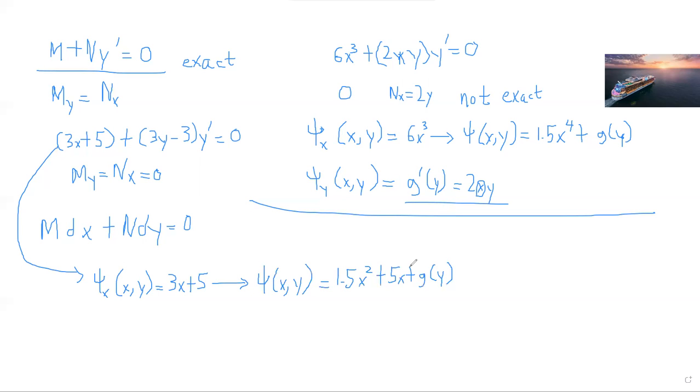Okay, now psi sub y of xy is equal to, yeah, so the x's all cancel out when you're differentiating with respect to y. You're left with g prime y. And g prime y is clearly equal to 3y minus 3.